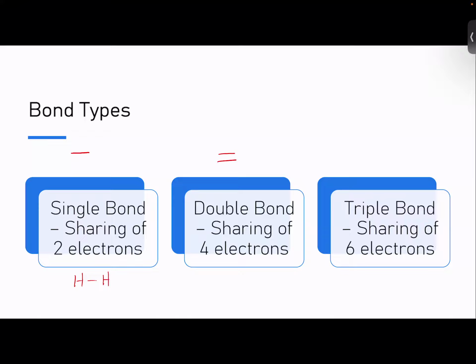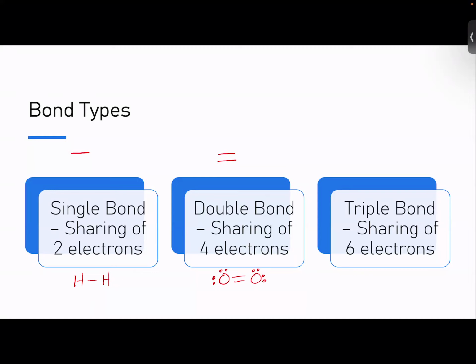It's the sharing of 4 electrons. Each line represents 2 of those electrons, so 2 lines represents a total of 4 electrons. The molecule that we looked at that had this was our oxygen molecule. It had 4 electrons shared between the 2 atomic nuclei.